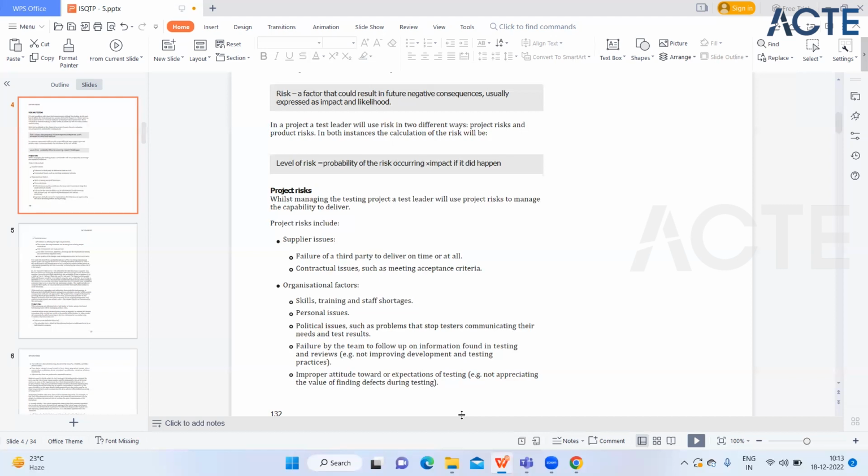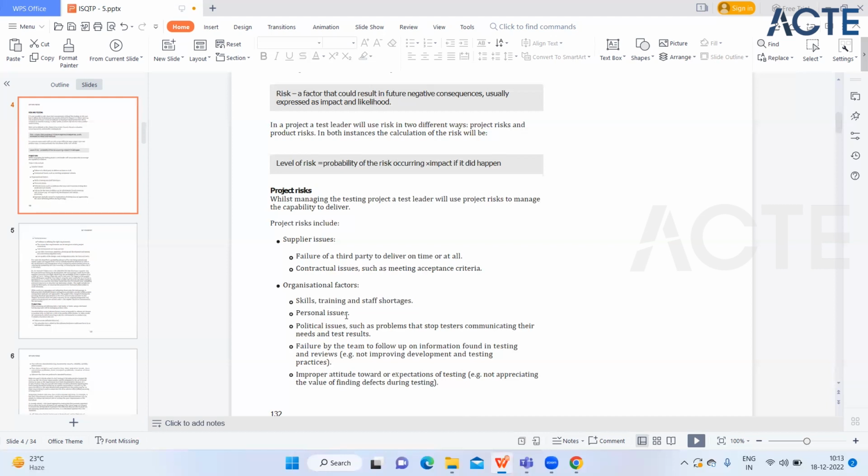It is a risk, because if you have to release on time and you have fewer people available, then there's a chance you will miss something. So they are saying it is a kind of project risk, an organizational factor.